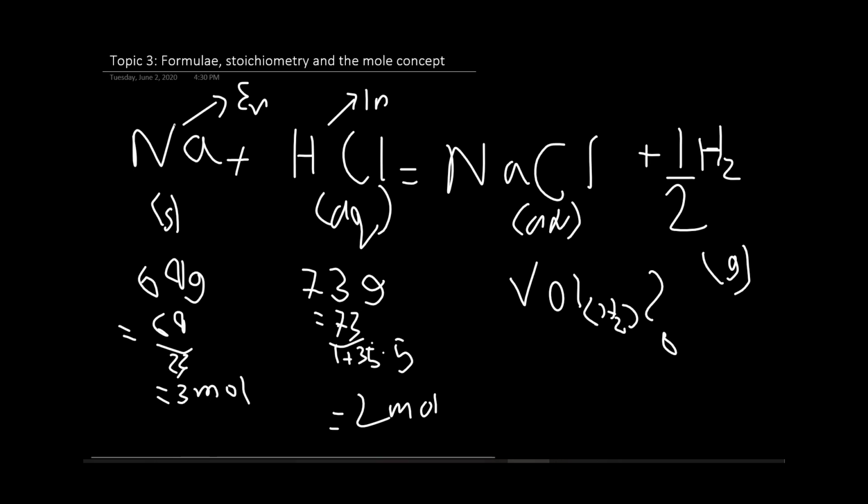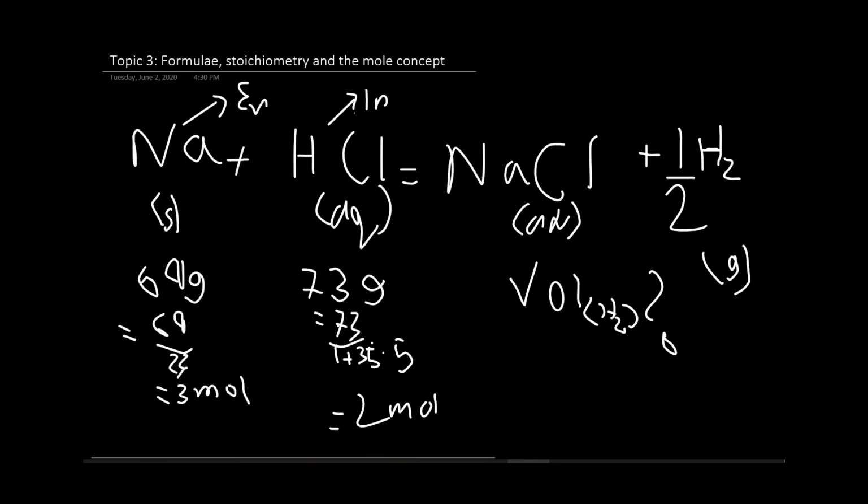After 2 mole HCl has reacted, it's all used up, right? There's no more HCl left, but there's still 1 mole sodium left, which means sodium is in excess. All of the HCl has been used up.